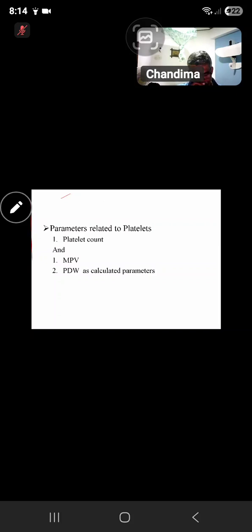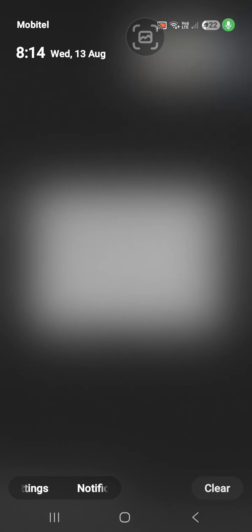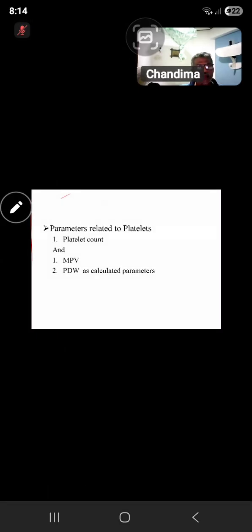So these are the parameters regarding platelets: the platelet count, the MPV, and the PDW. In some modern analyzers many other parameters can be seen, but the important parameters present are the platelet count or platelet number, the mean platelet volume, as well as the platelet distribution width.